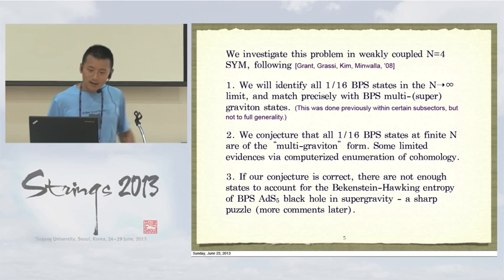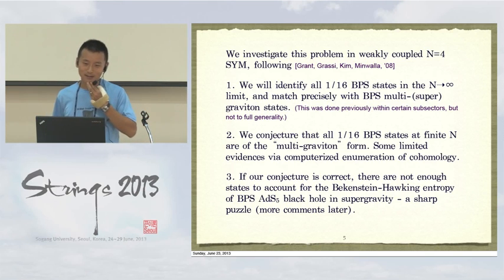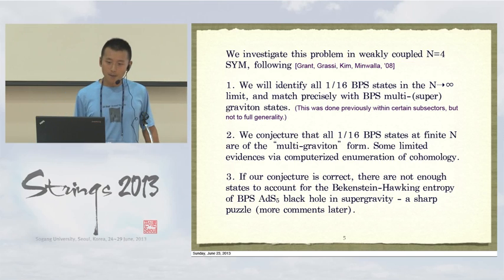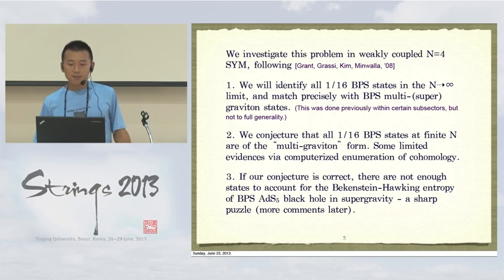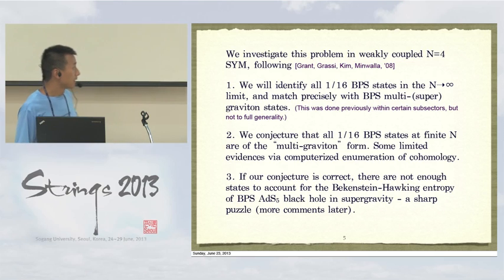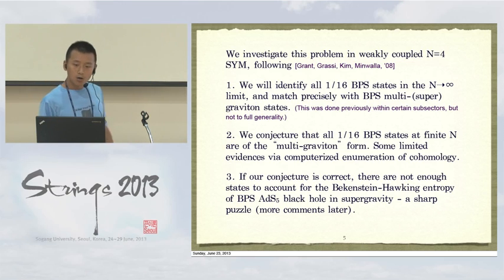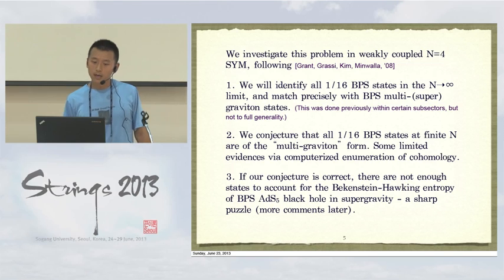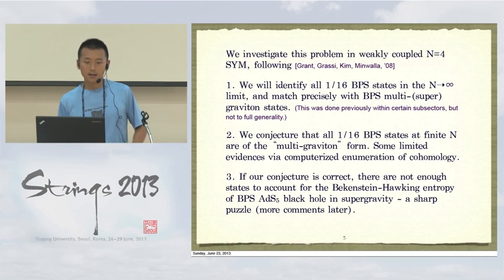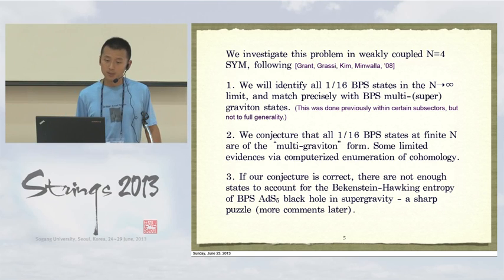Then I'm going to make a somewhat bold conjecture, and by the end of the talk, you might try to prove or disprove it: that all 1/16 BPS states at finite N in N=4 super Yang-Mills theory are of the multi-graviton form, quote unquote. I will describe what I mean by operators in N=4 super Yang-Mills of the multi-graviton form in a moment.